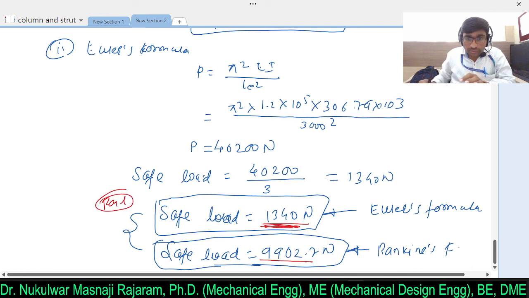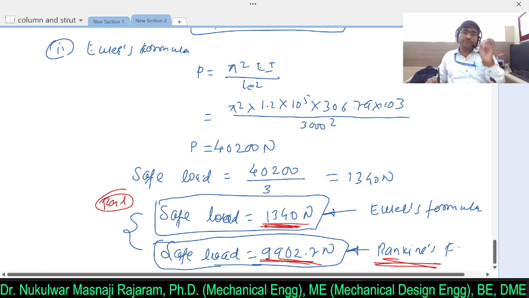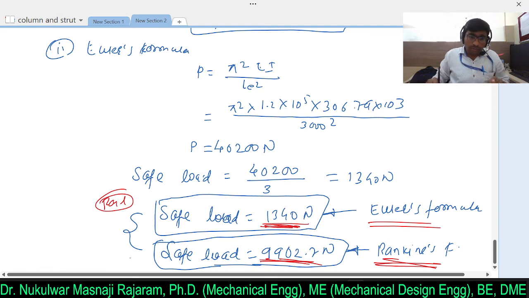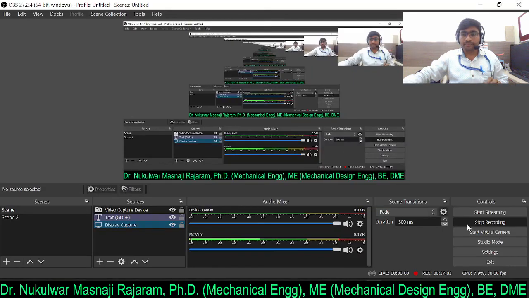It will not sustain the load which is derived from Rankine's formula. So we can say that if a long column is there, we must use Euler's formula only. For both long as well as short columns, we use the Rankine formula. However, we will get a good result through Euler's formula only.